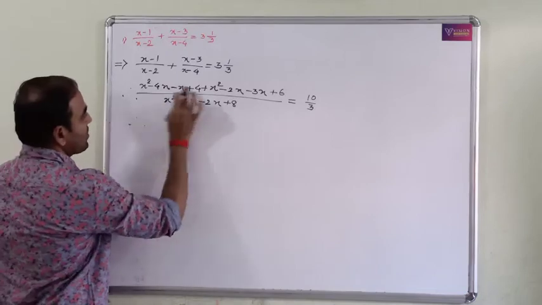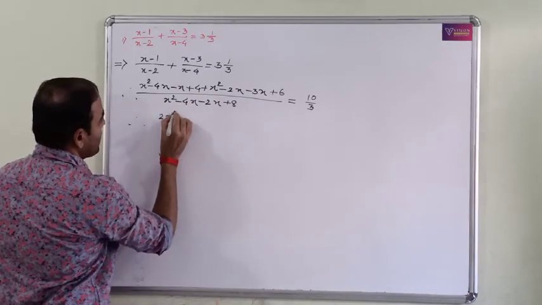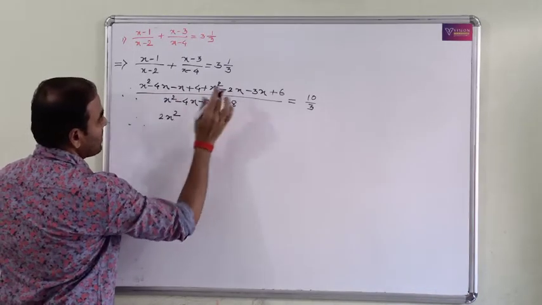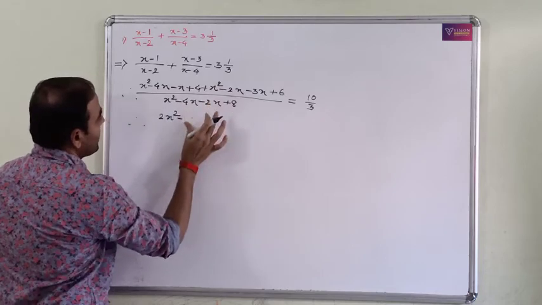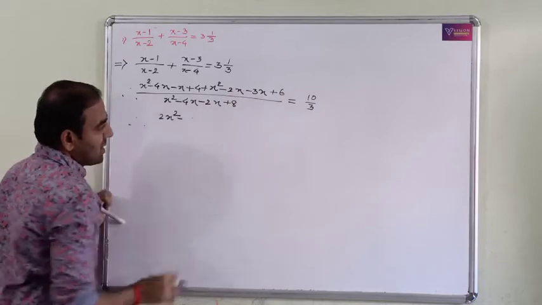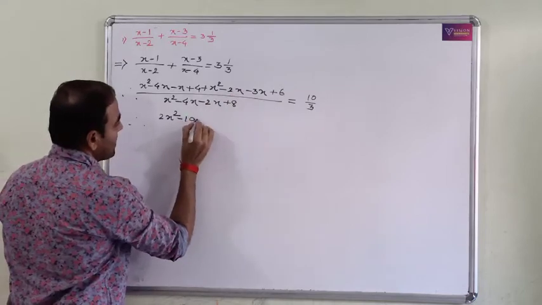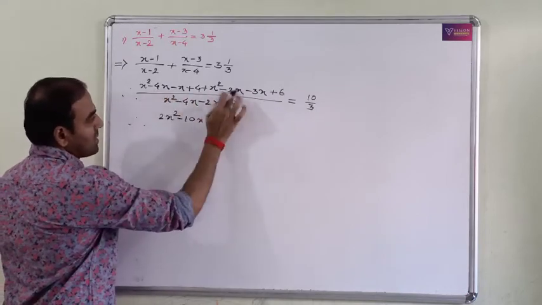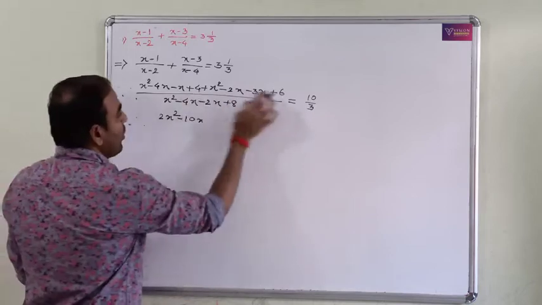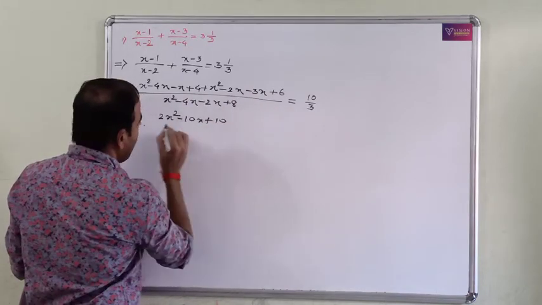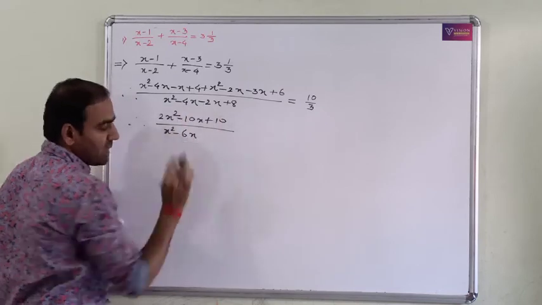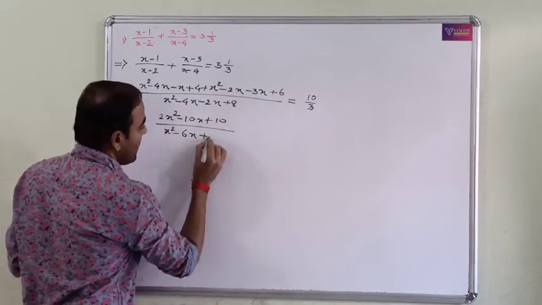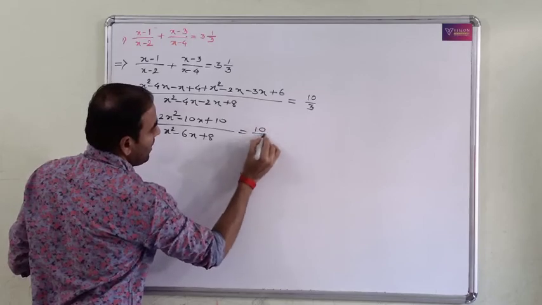So x square plus x square is 2x square, minus 4x minus 2x minus 6x minus x minus 3x, you get minus 10x. Then 4 plus 6 is 10, upon x square minus 6x minus 4x minus 2x plus 8, is equal to 10 by 3.